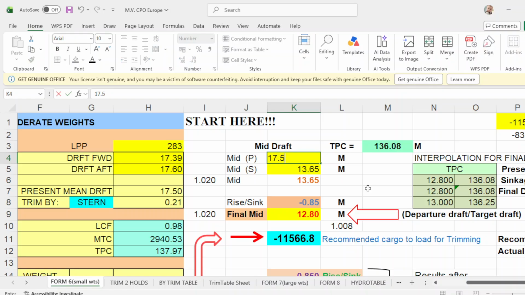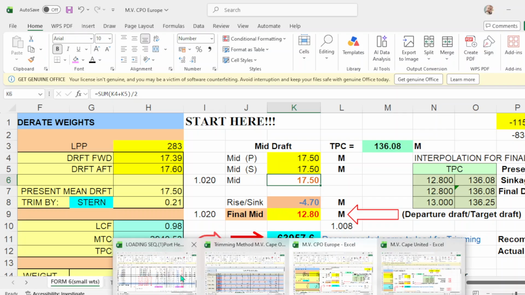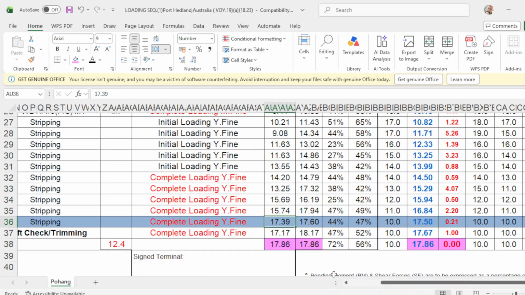Actual mid starboard is 1750. No list, for example. And your sailing drop is how much? Sailing drop is 1786.